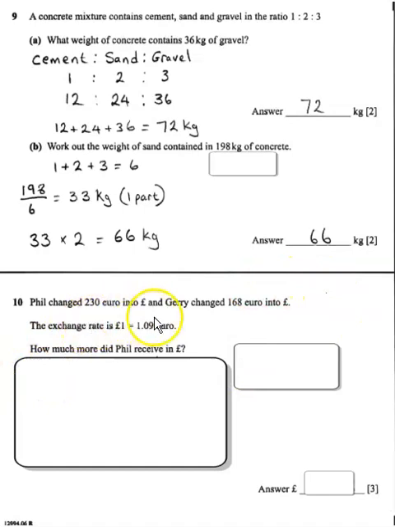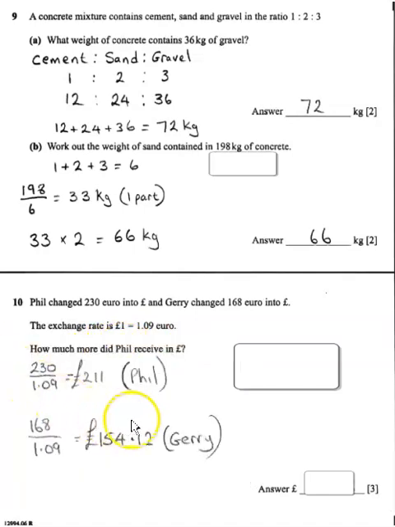So Phil changed €230 into pounds and Jerry changed 168 euros into pounds. The exchange rate is £1 is equal to €1.09. How much more did Phil receive in pounds? So the first thing that we do is we change everything to pounds.